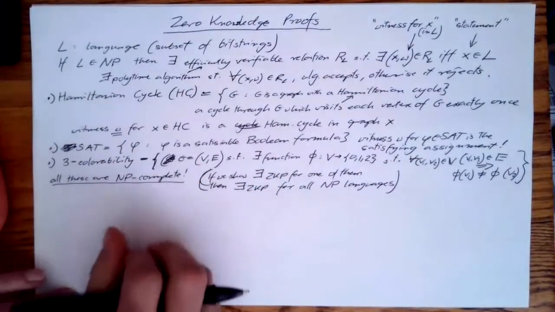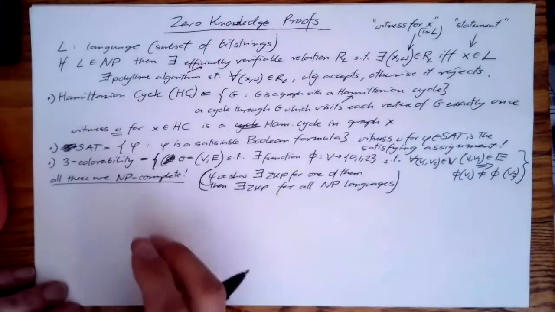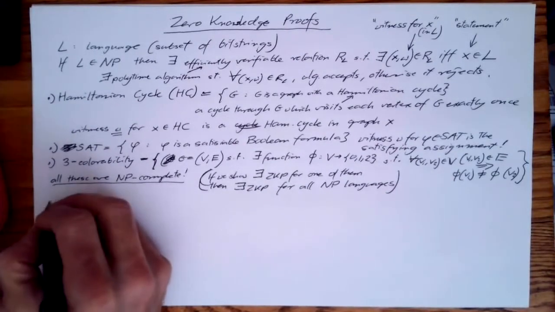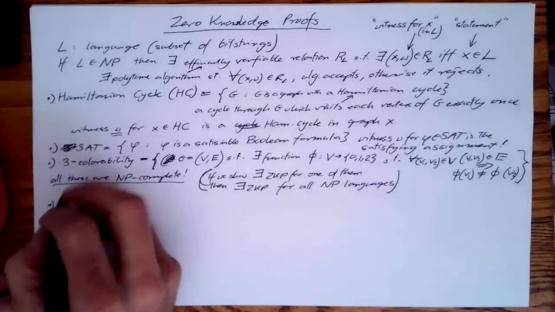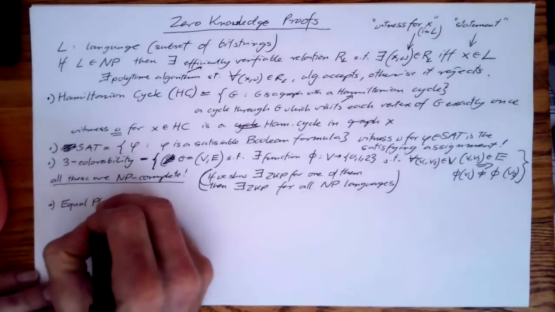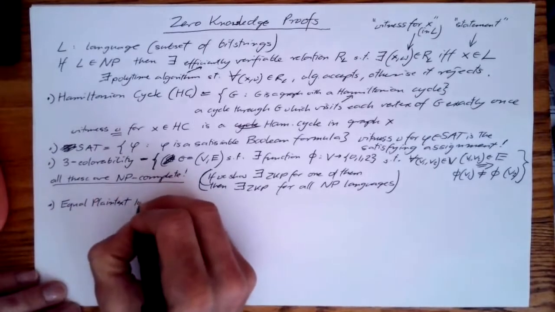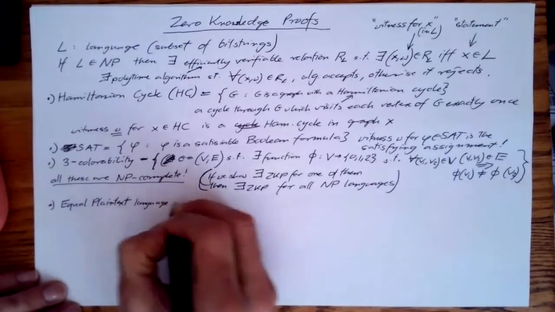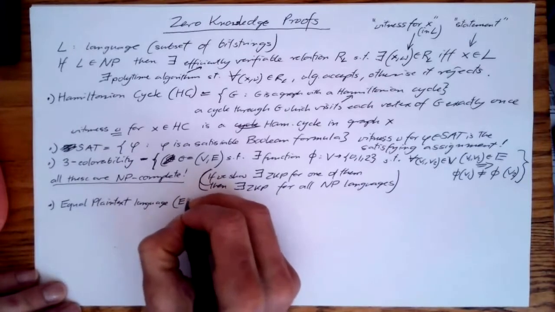Let's give an example of a language that might come up in a cryptographic scheme. It could be many, but here is just one example. Let's say we want to have a language of equal plaintext, let's call it EP.